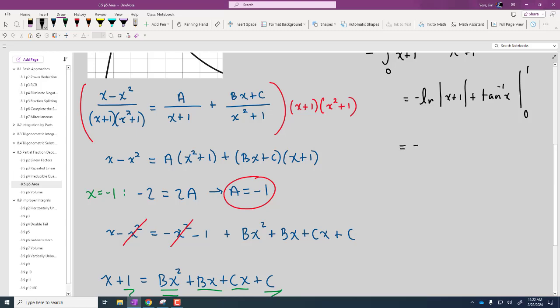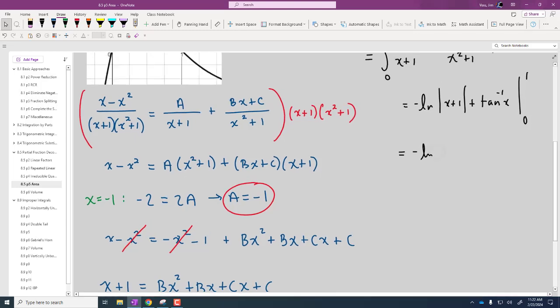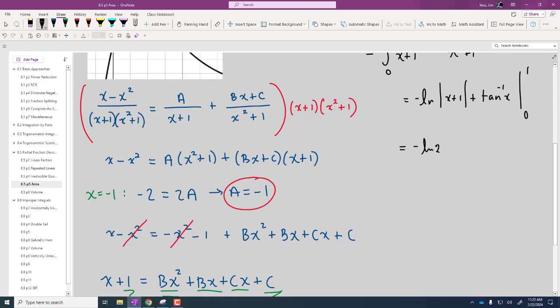Plug in the 1, we'll get negative natural log of 2 plus arctan of 1, which is the angle with the tangent of 1, pi over 4.